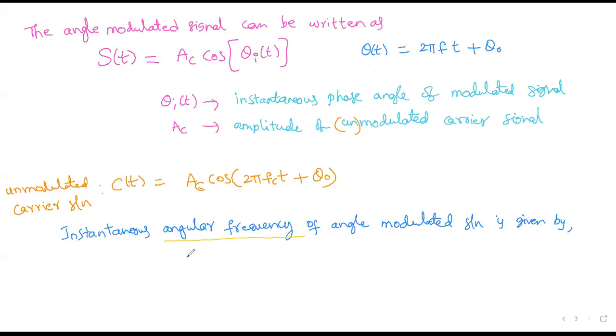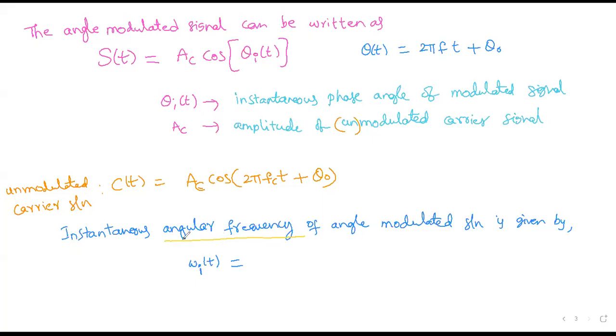So what is instantaneous angular frequency? It is omega I of t. Whenever we say angular frequency, it has to be omega, and since it is instantaneous, it is represented with I. And by the way, what is instantaneous? Instantaneous means at that time instant, so it changes with respect to time.